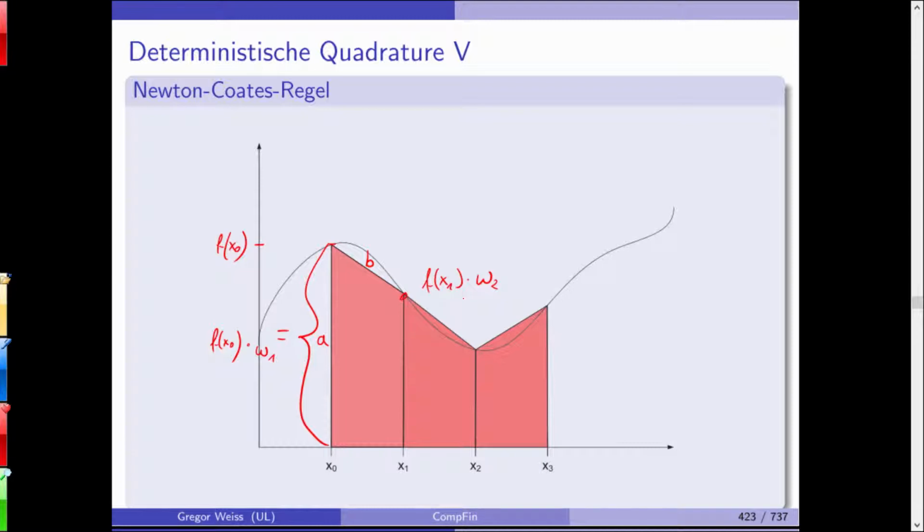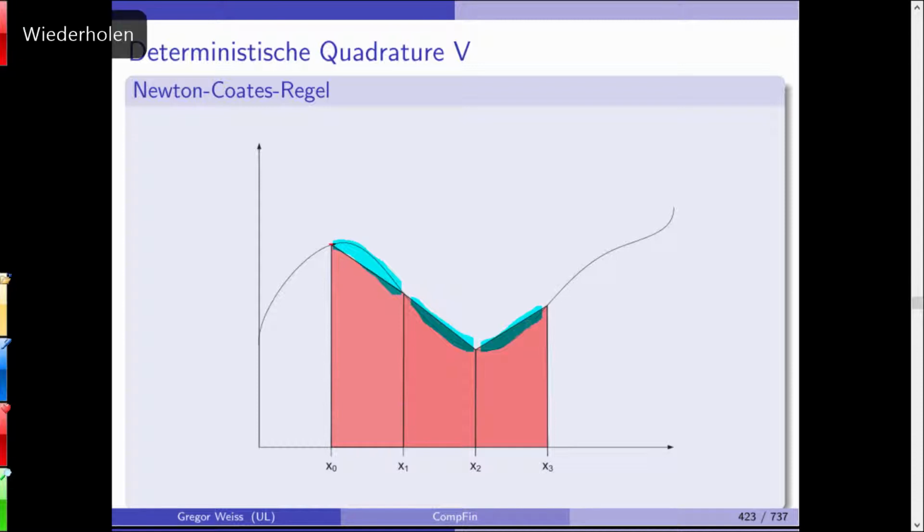And you can see here that, of course, in this very crude approximation, you still have some error left, because this is where your integral is not quite accurate, but by increasing the number of nodes or knots, you might achieve a better approximation.